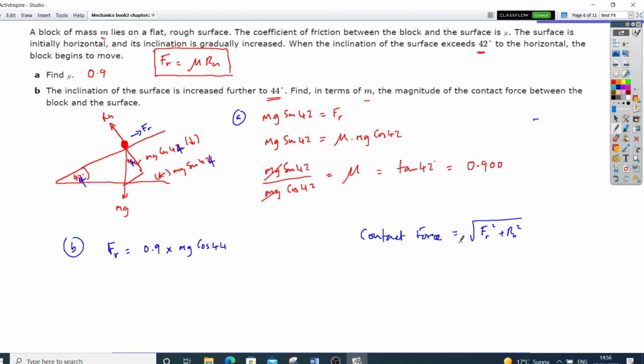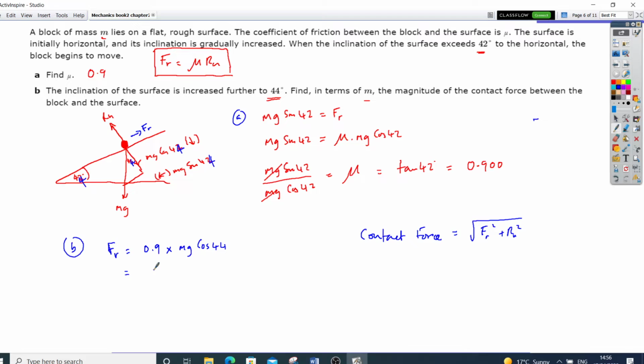So in this scenario we know the Rn, and let's do it in terms of m.